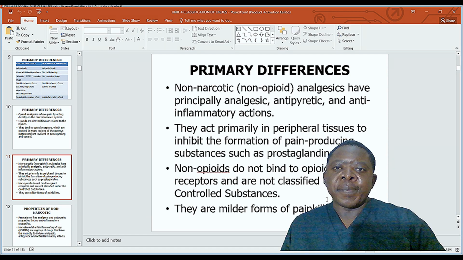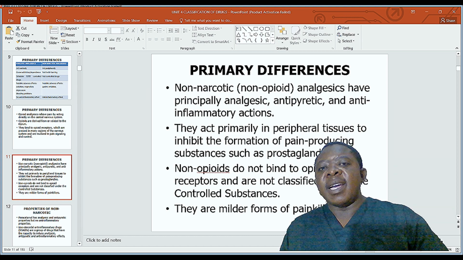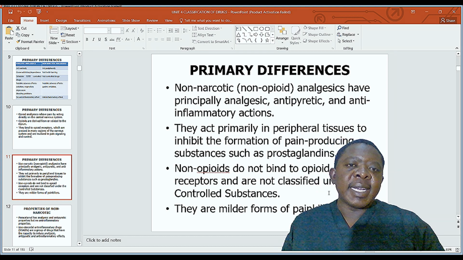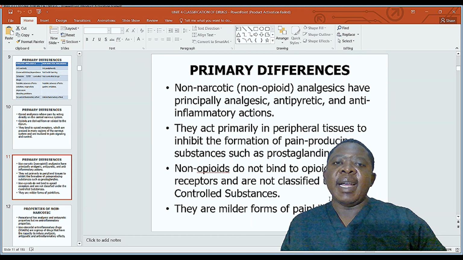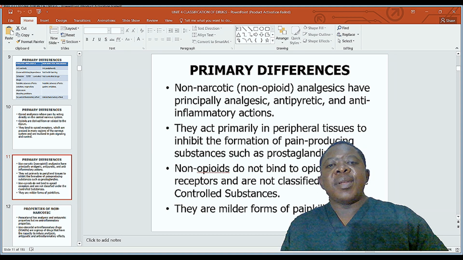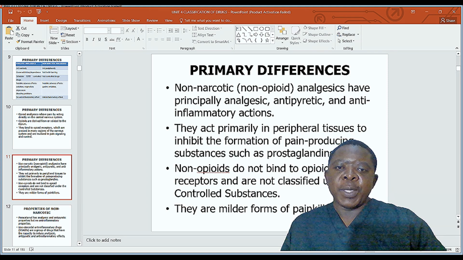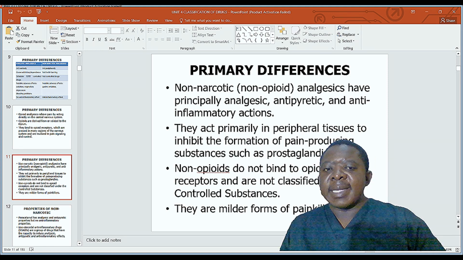Non-narcotics or non-opioid analgesia have principally analgesic, antipyretic, and anti-inflammatory action. They act primarily in peripheral tissue to inhibit the formation of pain-producing substances such as prostaglandins.